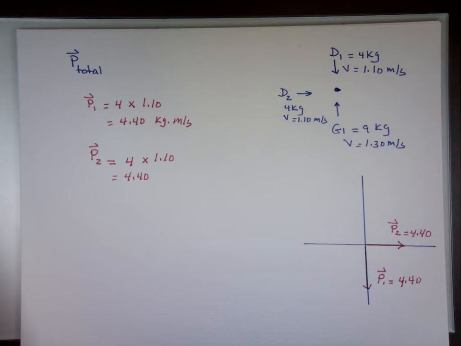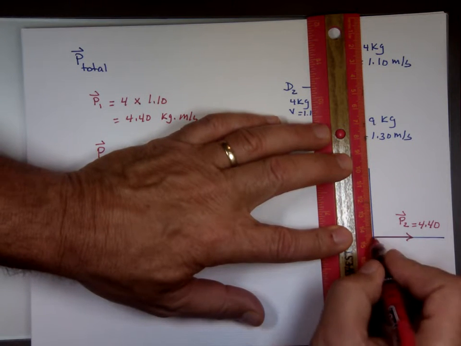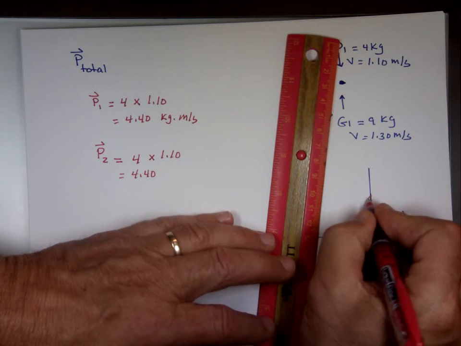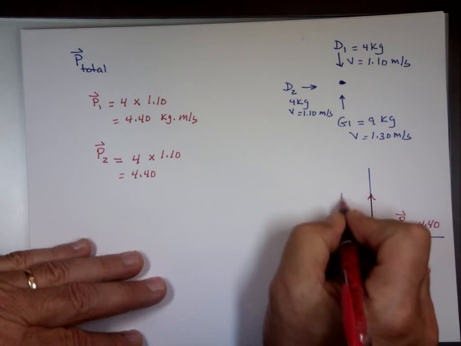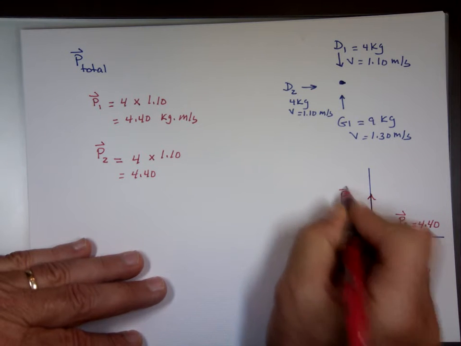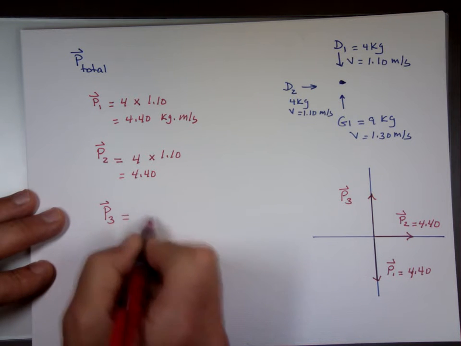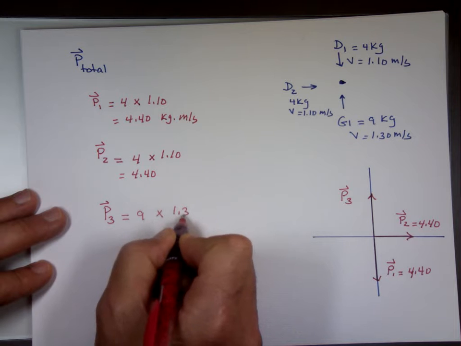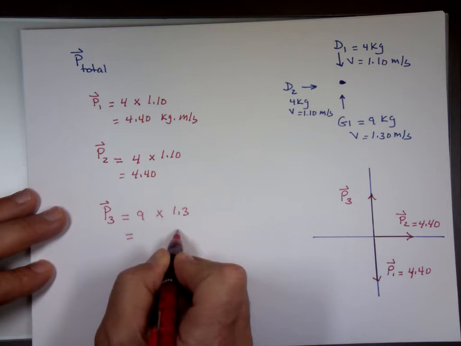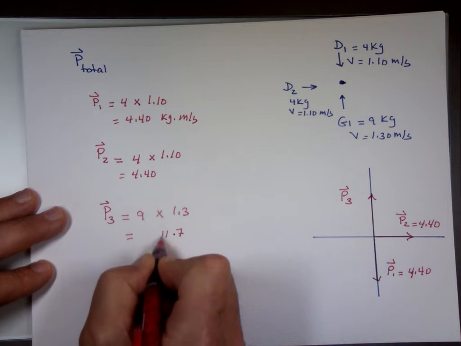And the goose here is going upward, so it has a linear momentum in that direction. It's the mass, which is 9, times the 1.3, so 11.7.